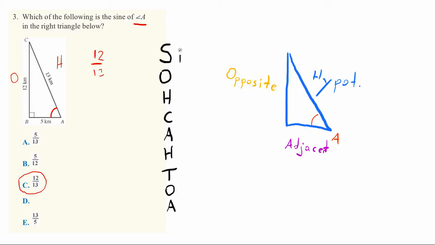S stands for sine, and the next two letters tell us what sine is equal to. So sine is equal to opposite O divided by the hypotenuse H. That's the SO in Sohcahtoa.